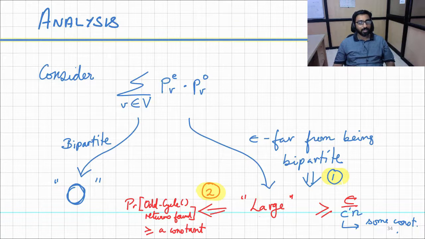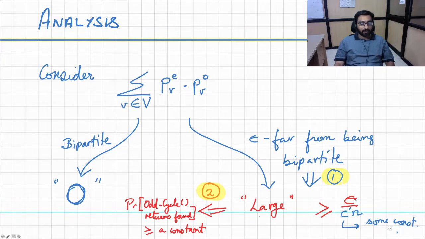However, let's consider what happens when the graph is epsilon far from being bipartite. We need to show that this summation is actually going to be large, and by large, we mean that it is greater than some epsilon over C prime n.